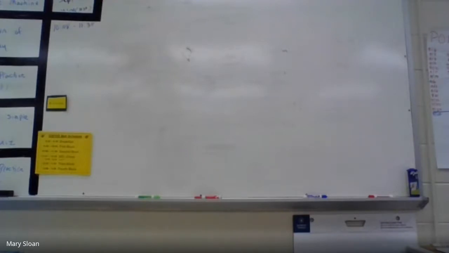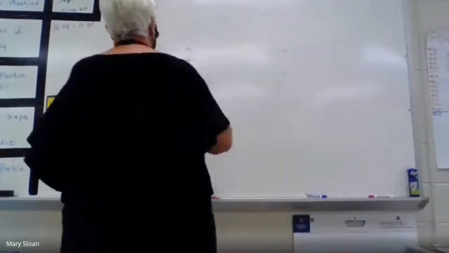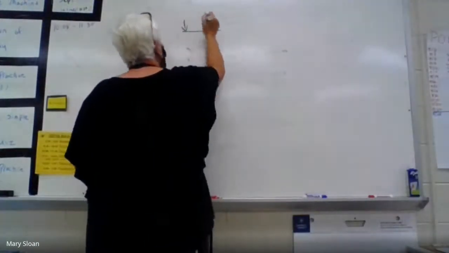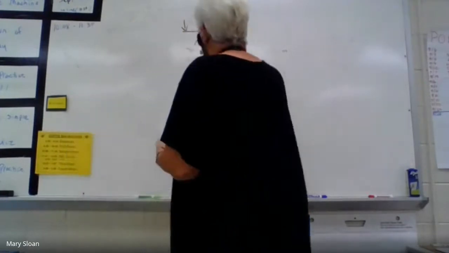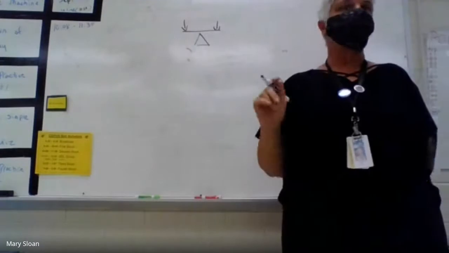So which one of them do you see where there are 2 forces going down and the fulcrum in the middle? So 1 is A, 2 is B, 3 is C. Which one do you think the answer is, based on the knowledge that a first class lever has your force and your effort going down, and the fulcrum in the middle?